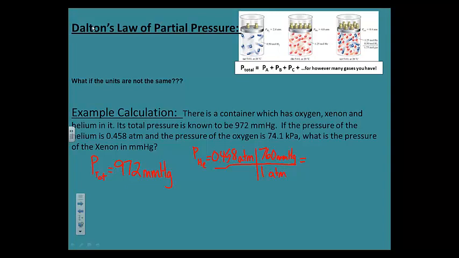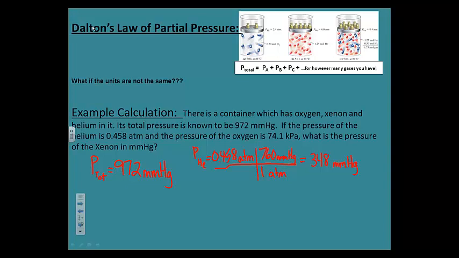So now I simply need to do the math. 0.458 times 760 gives me 348 millimeters of mercury. I haven't changed the value. All I've done is change the unit, because 0.458 atmospheres is the same as 348 millimeters of mercury.